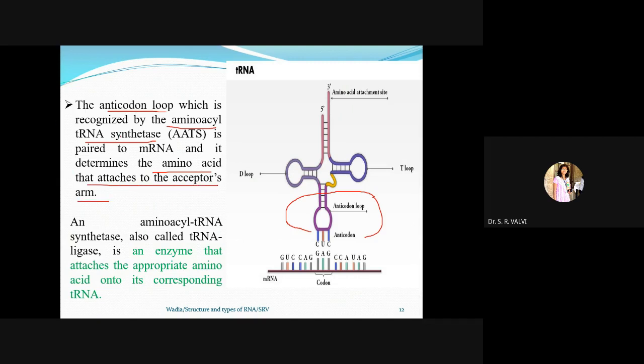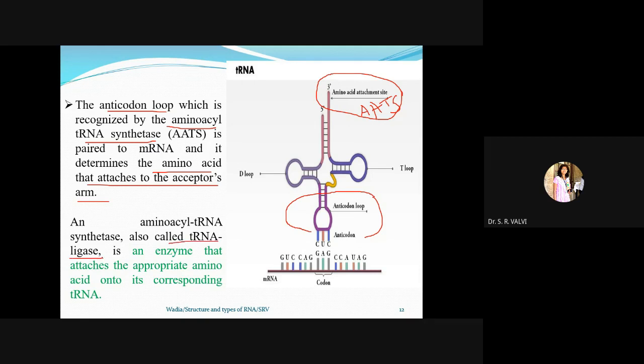So what is the main function of AATS? It is a particular enzyme that determines which amino acid is attached to this acceptor arm. So this amino acid recognition is done by the enzyme aminoacyl tRNA synthetase, AATS. Now aminoacyl tRNA synthetase is also called tRNA ligase.